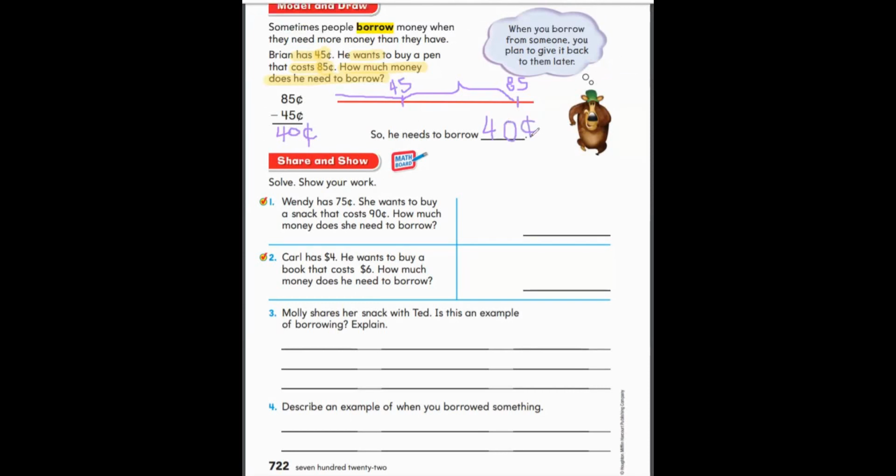Or in dollars that is $0 and 4 dimes or 40 cents. Okay, so 40 cents is the same as 0.4. Okay, we're going to solve the next problem.